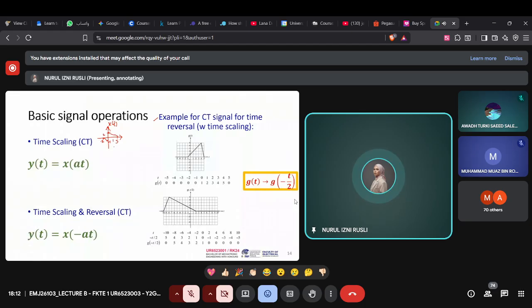Whenever you have reversal, let's say now you want to reverse the signal to p of t, a new function whereby you are having x of minus t. So minus means reversal. Now your signal no longer looks like this. You have to actually rotate this signal by 180 degrees about the vertical axis.